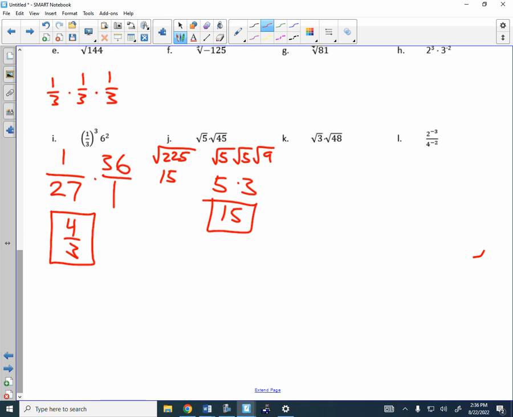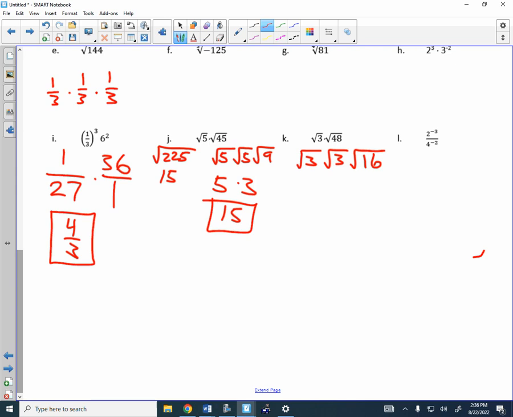Try to do letter K just like I did. Go. The second one. Yeah. 3, 3, and 16.